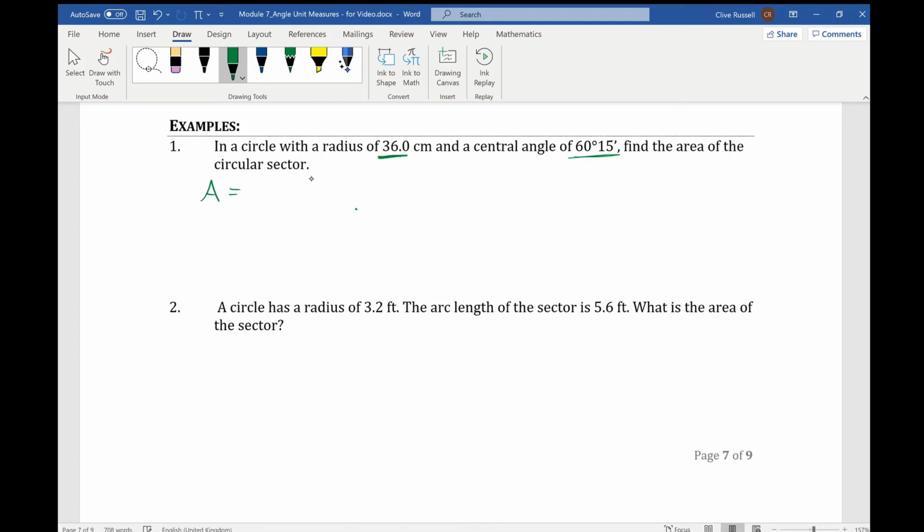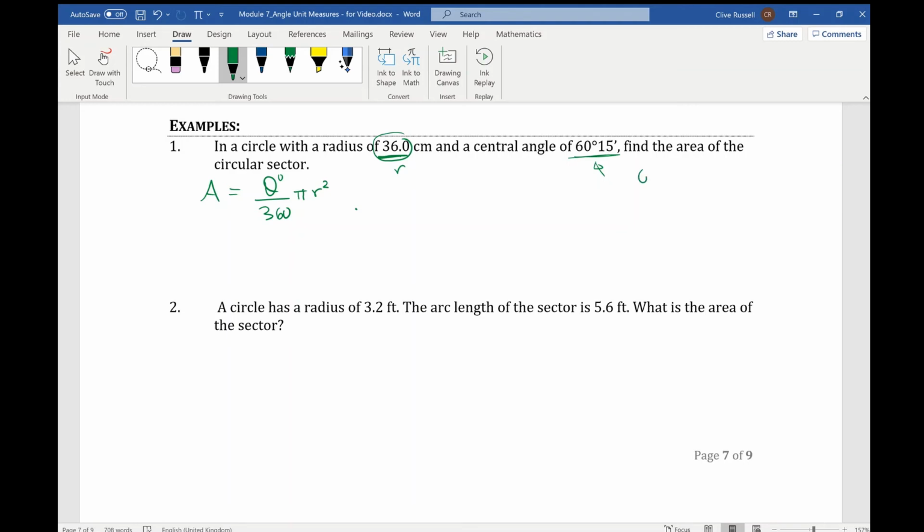This is given in degrees, so we're going to use our formula for degrees: theta degrees over 360 times pi r squared. Our r is easy, that's our r value there. Now we have to do some work on our theta because it has to be in decimal degrees. Here it's in degrees and minutes, so we have to convert it.